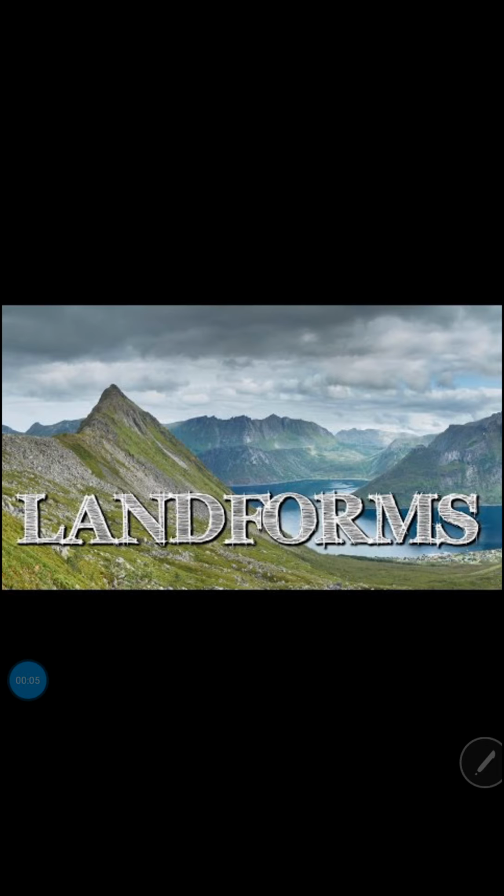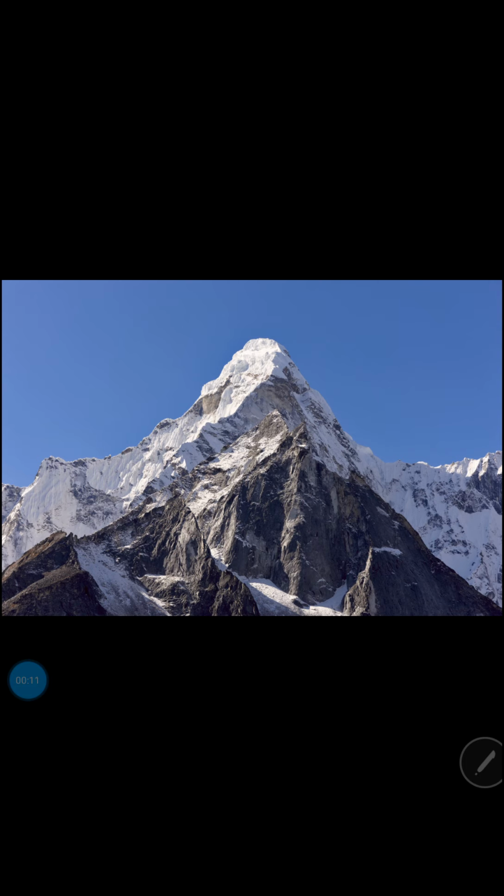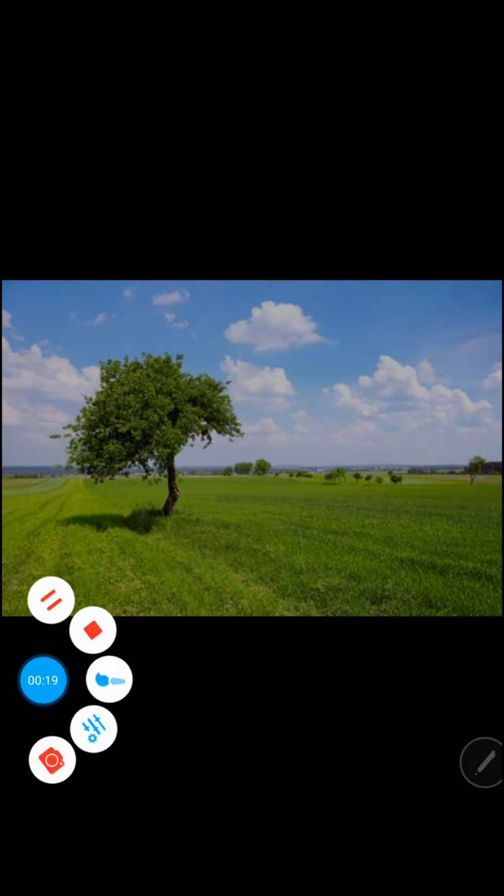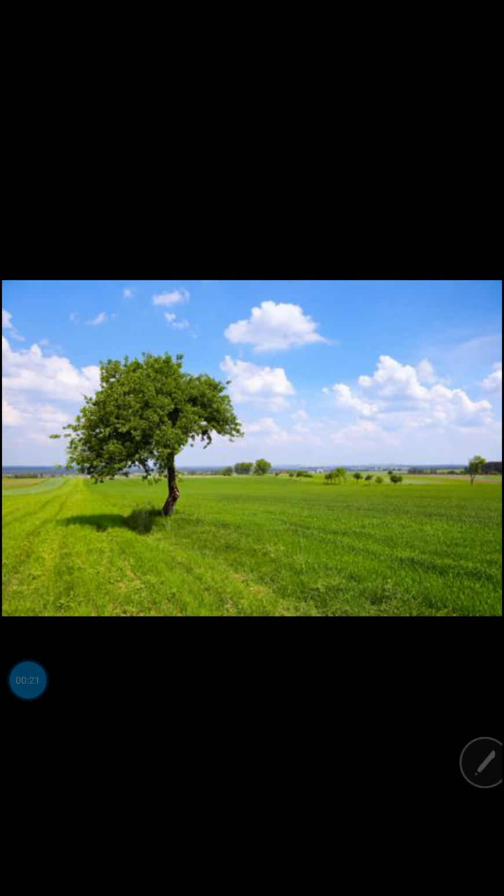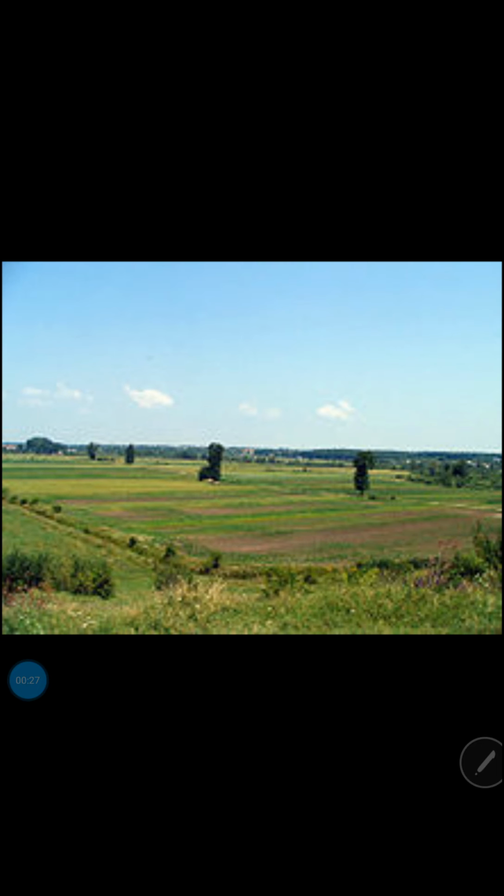Last time we talked about kinds of landforms such as mountains, the tallest land with pointed tops and steep sides. Plains, a plain is a land that is flat and wide.